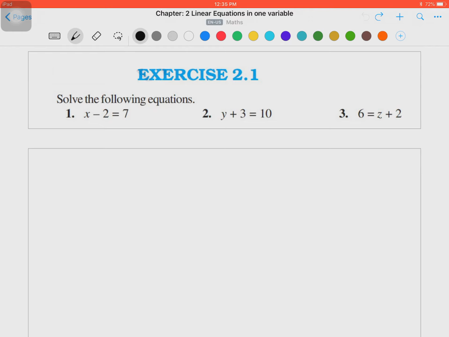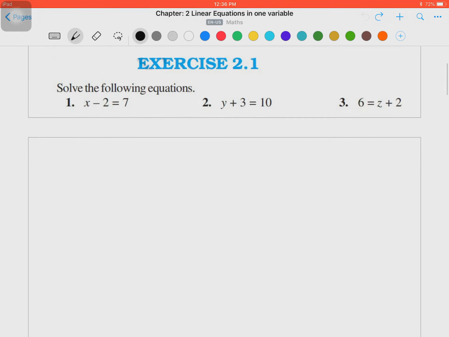In exercise 2.1 we have: solve the following equations. We are given certain equations and we have to solve them to find the value of the given variable. The first one is x minus 2 equals 7, and we have to solve this equation to find the value of the variable, which is x in this case.